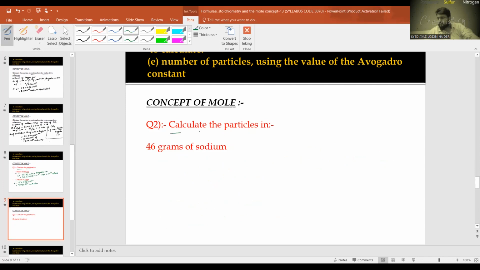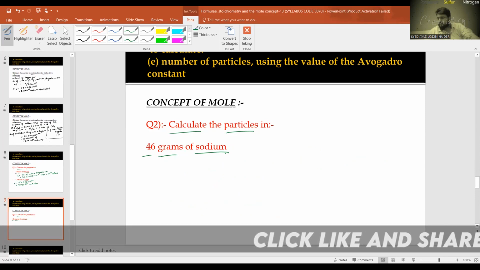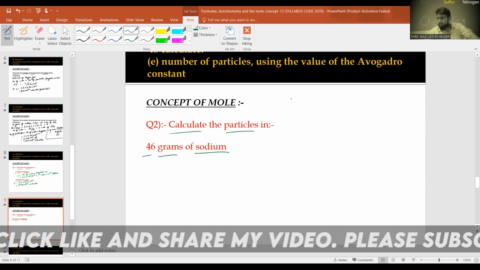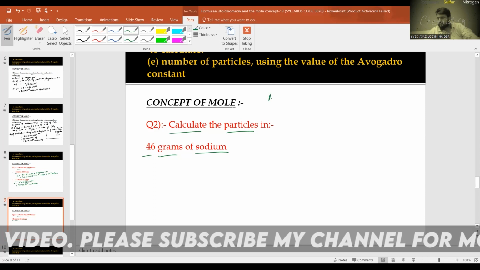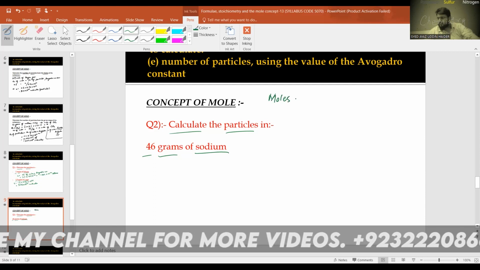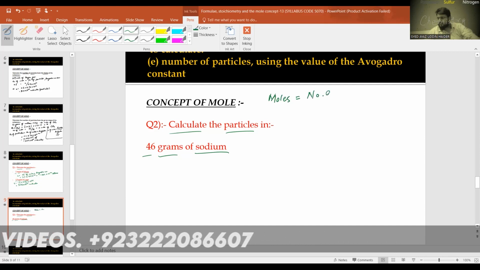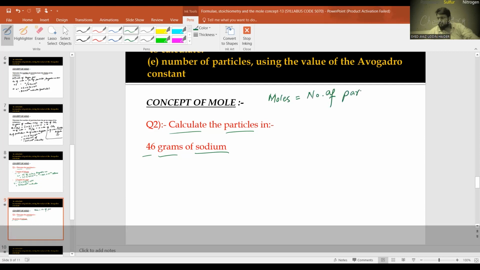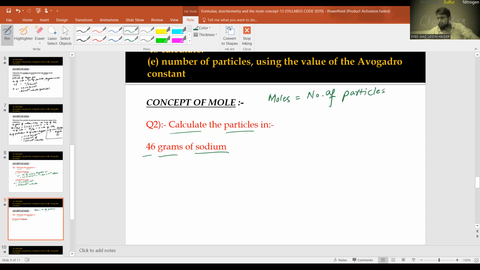Here's another question. Calculate the particles in 46 grams of sodium. We have to convert this grams into moles. So what will I do? First of all, I am going to write the formula of calculating number of moles from the given number of particles. We have these two formulas. First formula is moles is equal to number of particles by the Avogadro number.